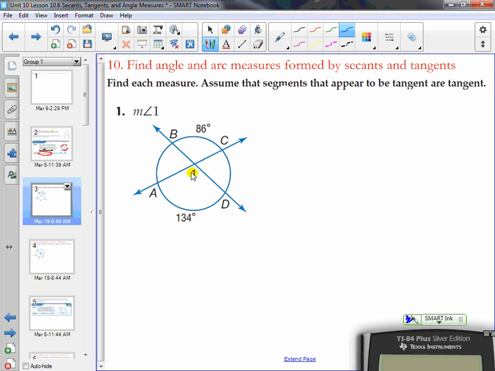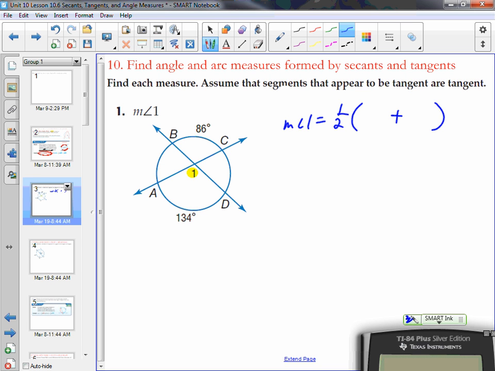All right, so to find the measure of angle 1, according to our theorem, since angle 1 is formed by two secants intersecting inside the circle, or two chords intersecting inside the circle, the measure of angle 1 equals 1/2 the sum of the intercepted arcs.